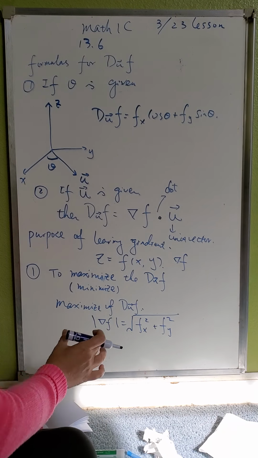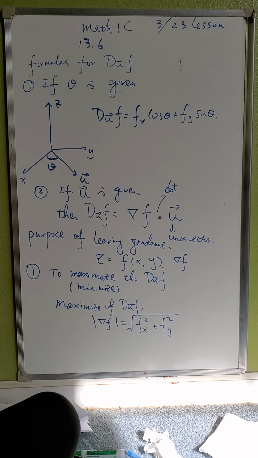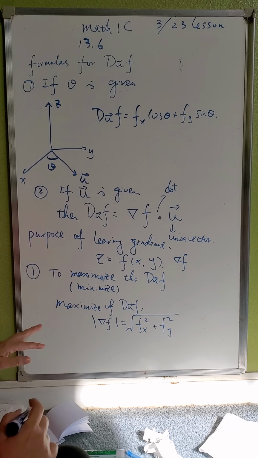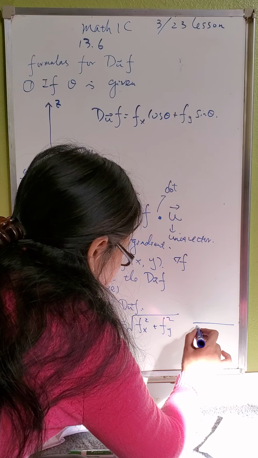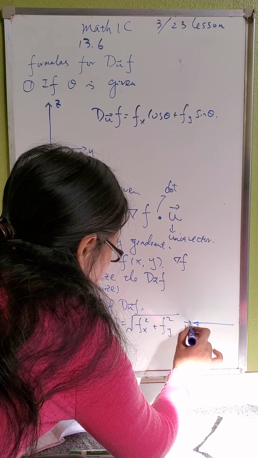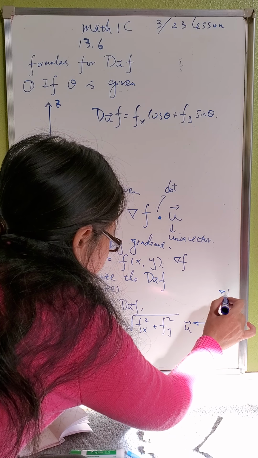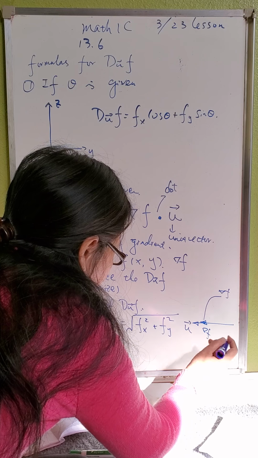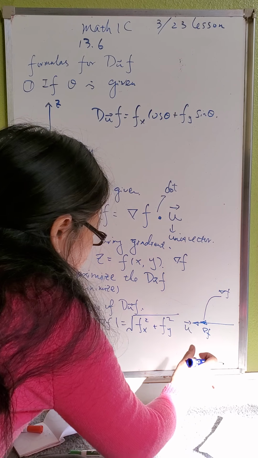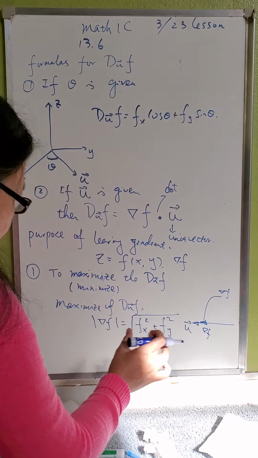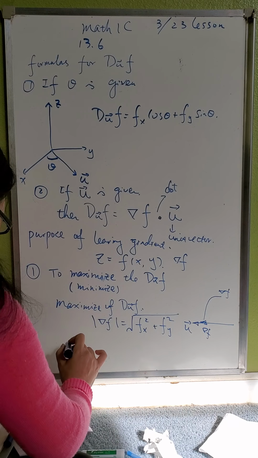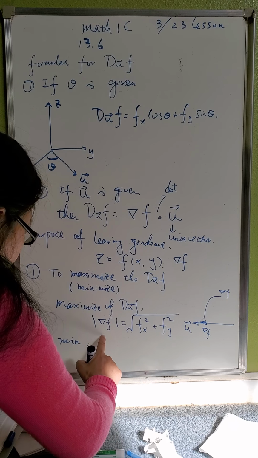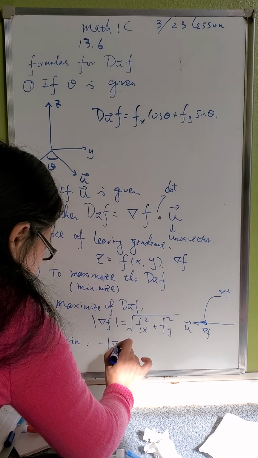It's the same length as the gradient. I erased the picture. Remember earlier I had a u here, and the del f coming down. When it is along del f, you get the maximum slope, and the length of that is your maximum slope. And we also get the minimizer, which is negative del f.